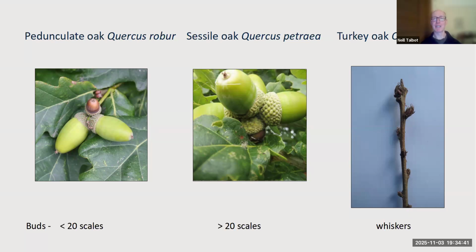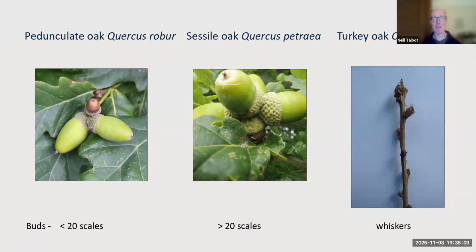To confuse, it's quite easy to get this the wrong way round because the leaves are the other way round. So on the sessile oak, they have quite a long stalk on the leaves, but on the pedunculate or English oak, they have a very short or non-existent stalk on the leaves. So that's quite useful to know.